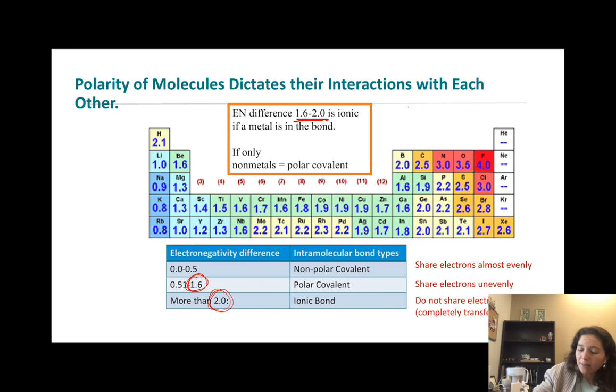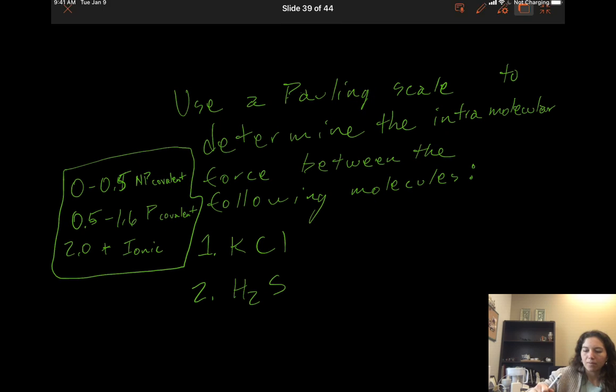So in the case of HF, it falls to 1.9, which means it's in this range. This here is a nonmetal with a nonmetal, meaning that it's going to be a polar covalent. If you had a metal with a nonmetal, then it would qualify as ionic if it was in this range.